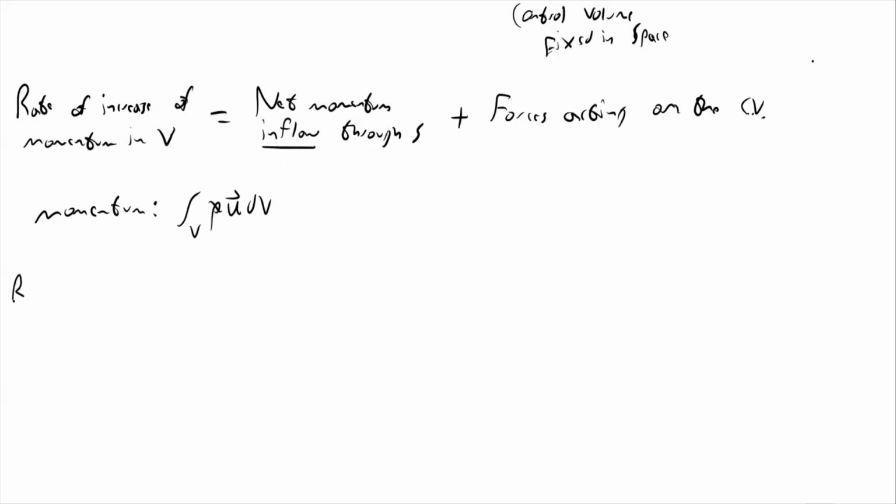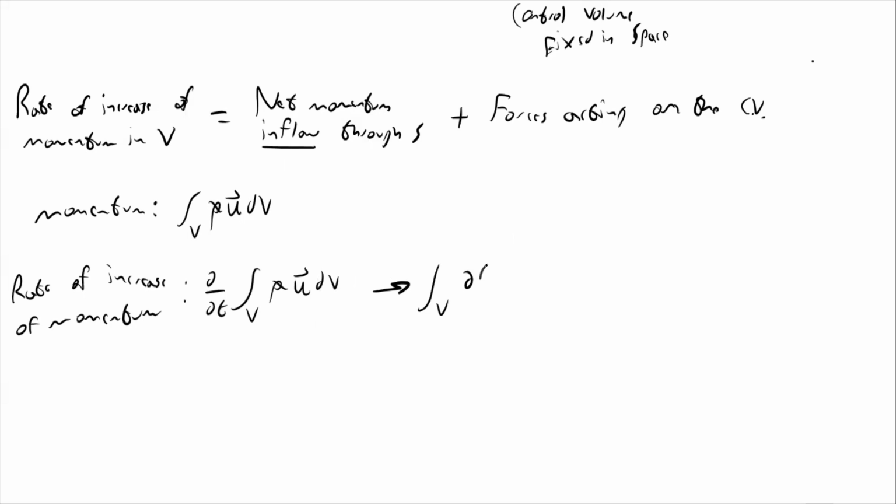Well, if we want to look at the rate of increase of momentum, that's simply the time derivative of the integral. But we know that the control volume is fixed in space, thus the volume of the control volume does not depend on time, so we can actually move the time derivative inside the integral.